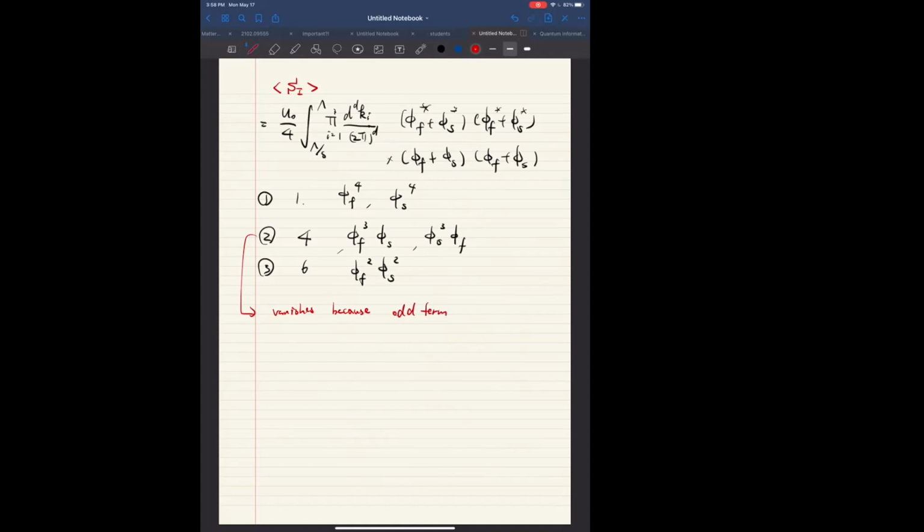If we integrate out, for example, some odd power of the field, which is the term we are integrating out, it will be 0, because basically it will have a perfect cancellation of the plus and minus terms.